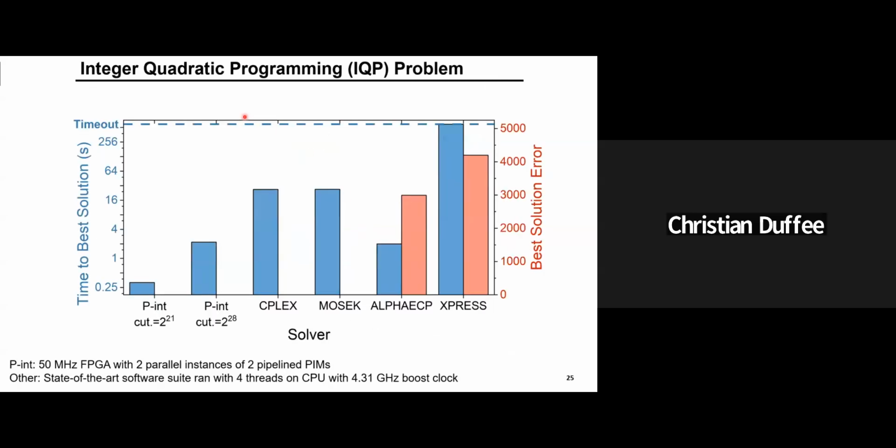But we didn't want to constrain ourselves to this ASIC design. So we looked for a different problem. And the problem we decided to choose was the integer quadratic programming problem. This is similar to an integer linear programming problem in that the constraints are still linear. However, the objective function becomes quadratic.